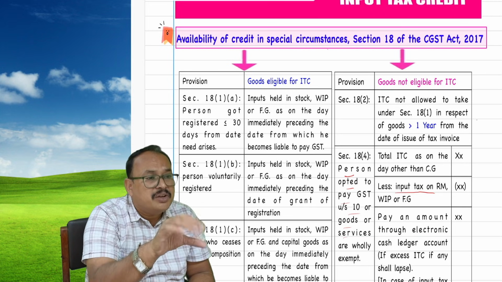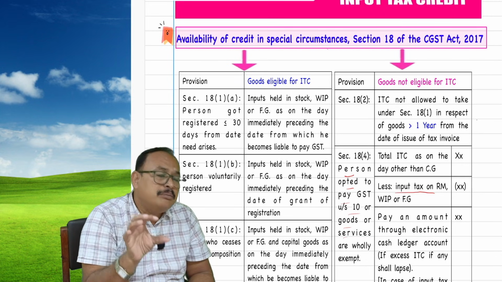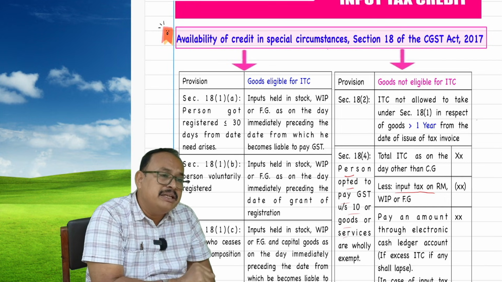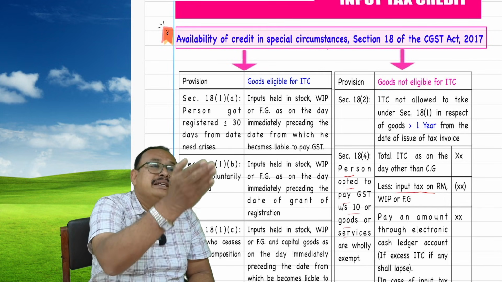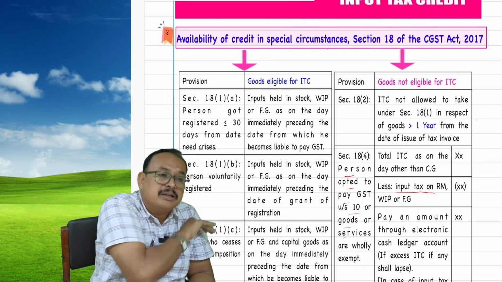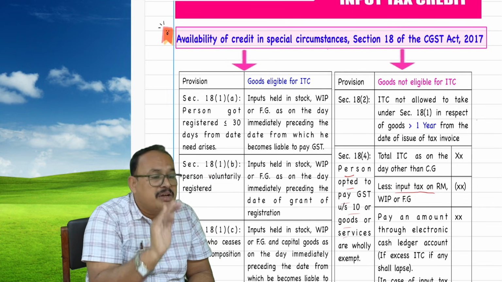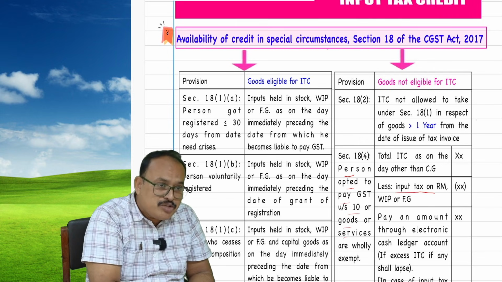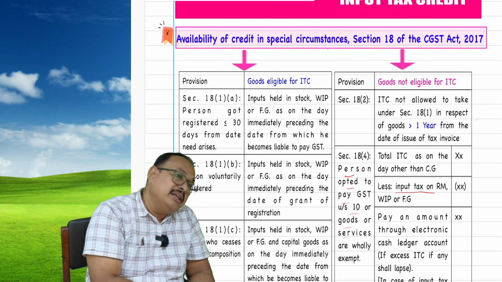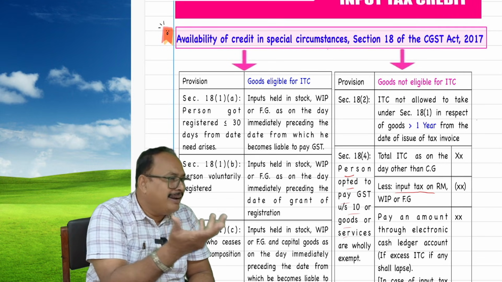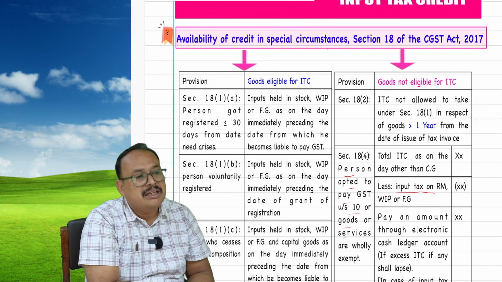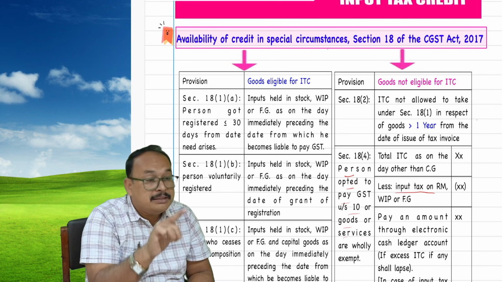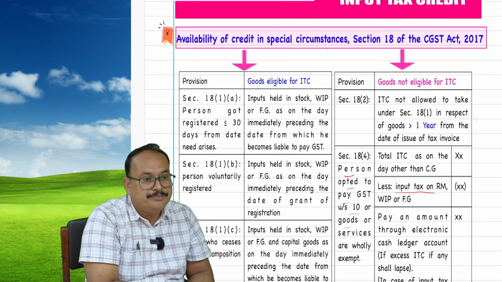The input tax credit receivable of the transferor or amalgamating companies will become the input tax credit of the transferee, the amalgamated company, because all assets and liabilities of the transferor become the assets and liabilities of the transferee. It is allowed. Here, the time limit of 1 year is not applicable.